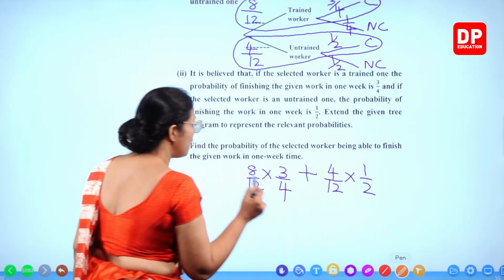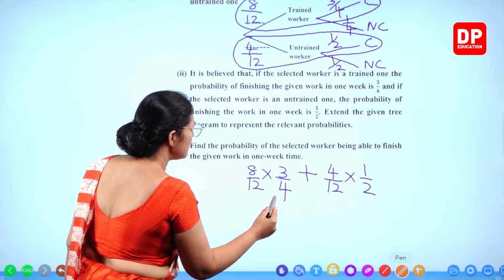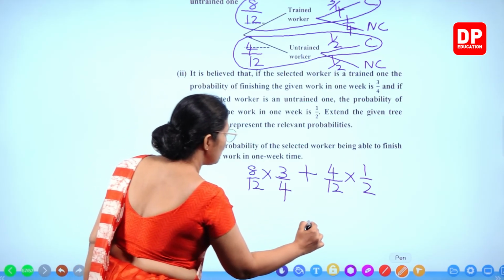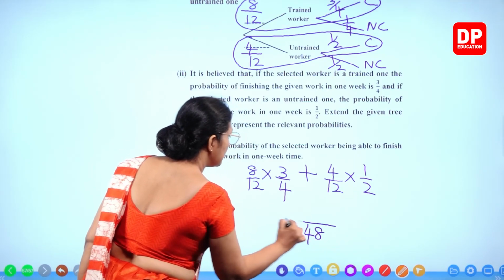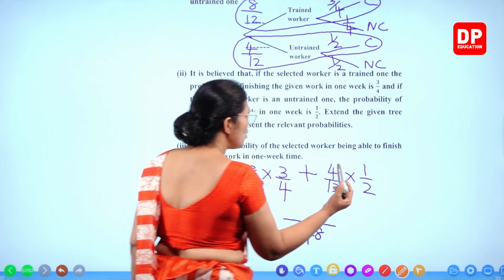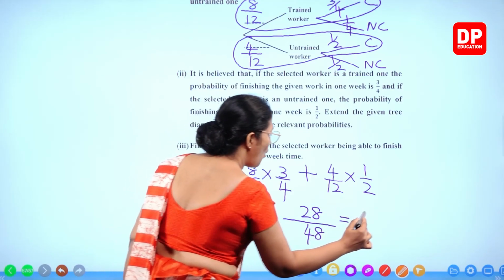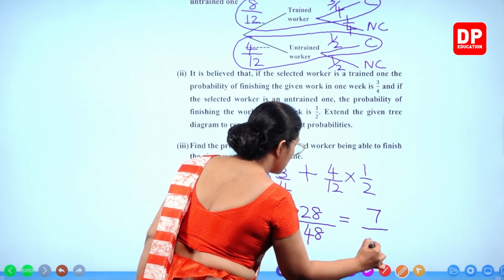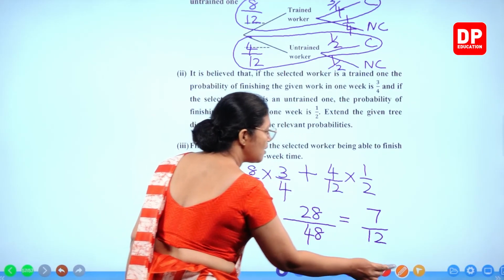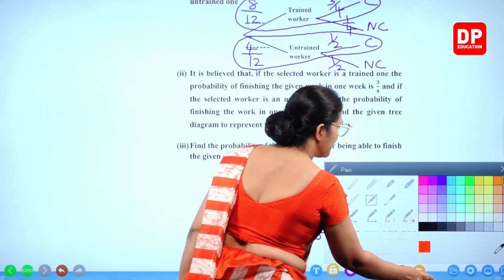You can simplify first, or just multiply. 4 times 12, 48. 3 times 8, 24, and this 4, 24 plus 4, 28. So divide by 4, that's 7 and 12. So 7/12 is the total probability.